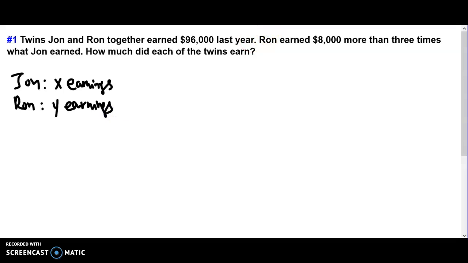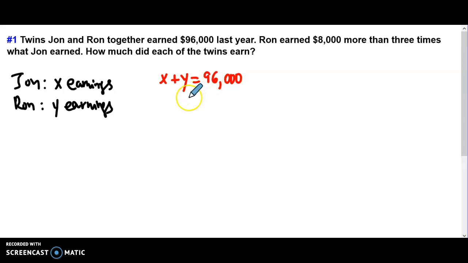Now that I have defined my variables, I need to go back, reread, and start decoding the words to make my system, the two equations. One of them has to do with the first sentence. John's earnings is X, Ron's earnings is Y, and together their earnings are 96,000. That's from the first sentence.